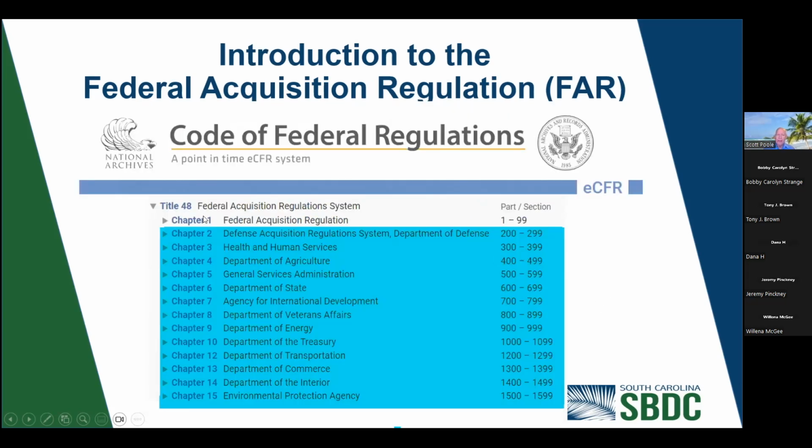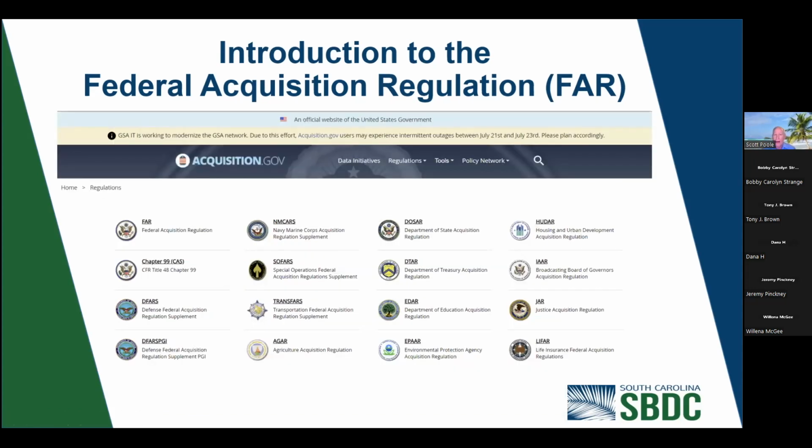Now, the first one in the Federal Acquisition Regulation System was the FAR. Then, like I say, 2 through 15, and there's more. It goes through each one of those agencies as their own. One of the things I usually like to go to is acquisition.gov.